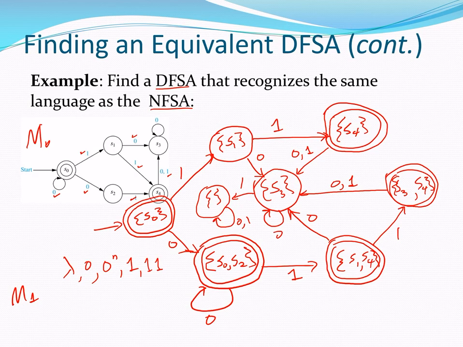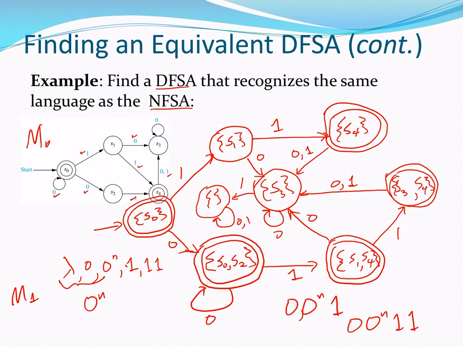So it looks like we get 0 followed by 0 to the n, followed by a 1, and 0, 0 to the n, followed by a 1, 1. And then also over here, just 0 to the n for n non-negative.